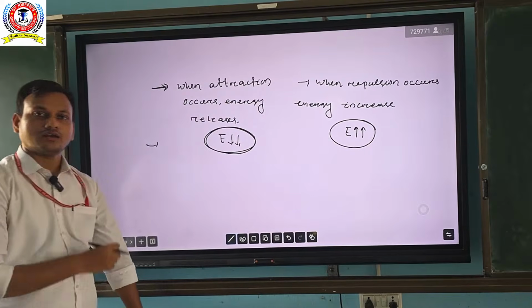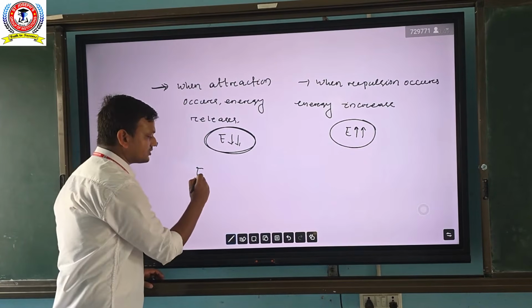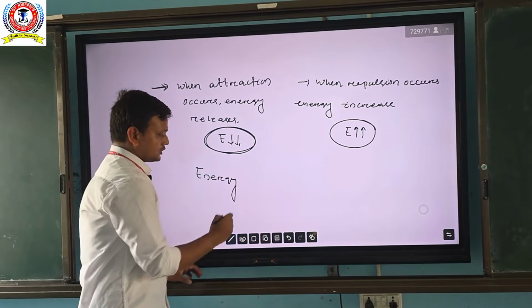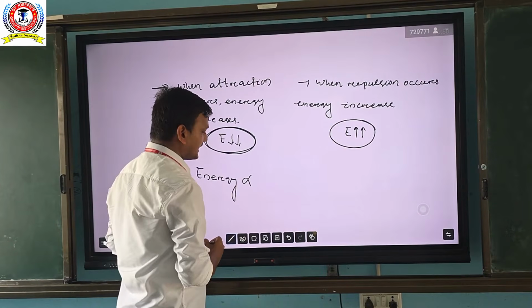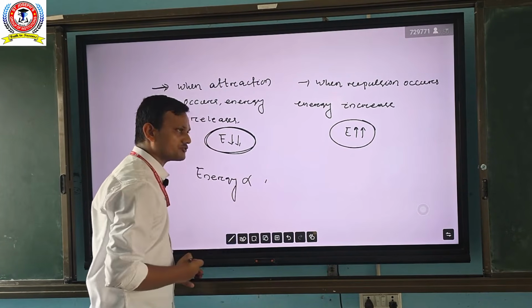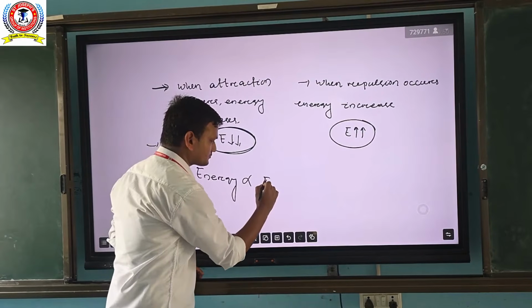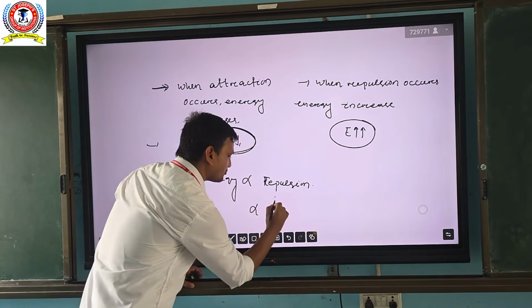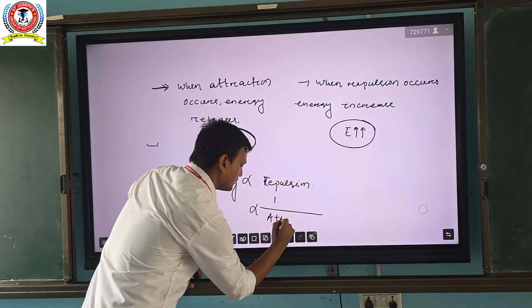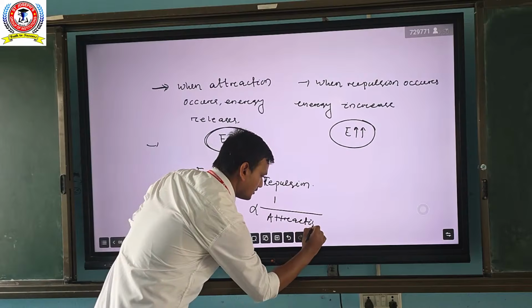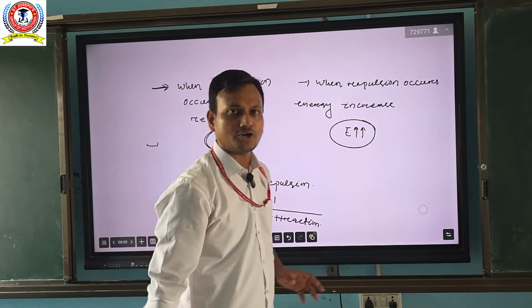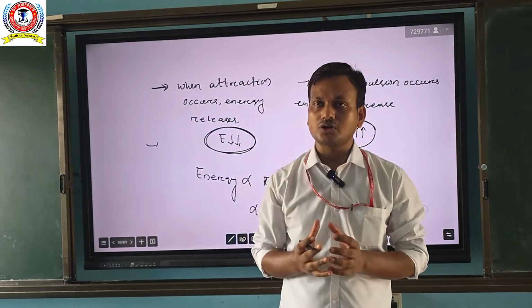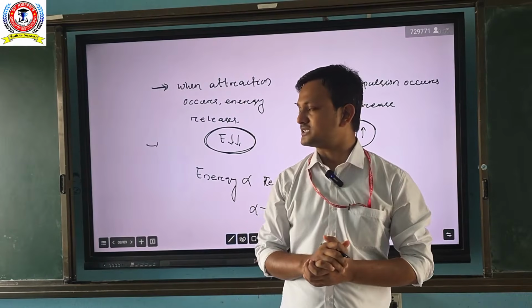When I say the relationship, energy is directly proportional to repulsion and inversely proportional to attraction. That means when repulsion occurs, the energy of the system increases. When attraction occurs, the whole energy of the system decreases.